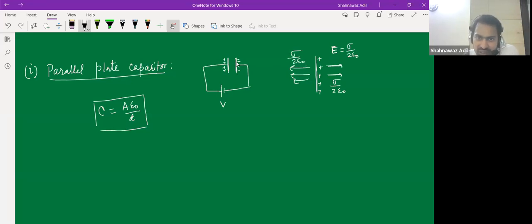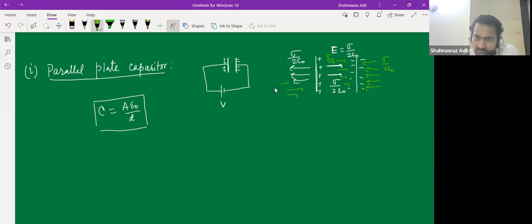And we have the negative plate. Due to this negative one, we have sigma by 2 epsilon naught in this direction and sigma by 2 epsilon naught in this direction.